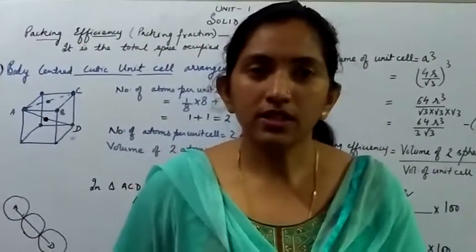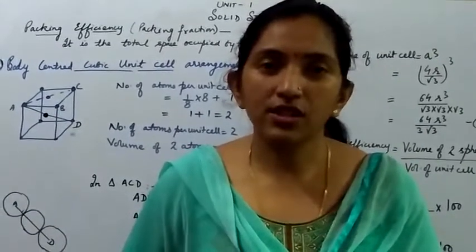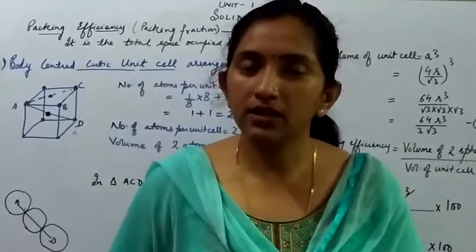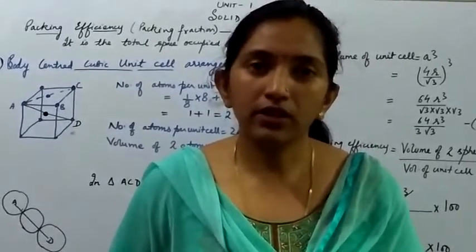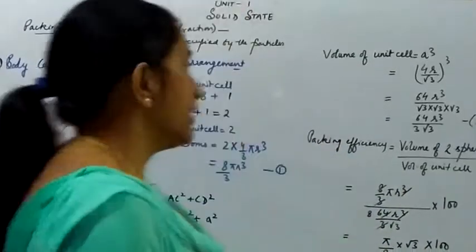Students, next we are going to do the packing efficiency of the body centered cubic arrangement, where the constituent particles are arranged at the 8 corners and at the center of the body of the unit cell.